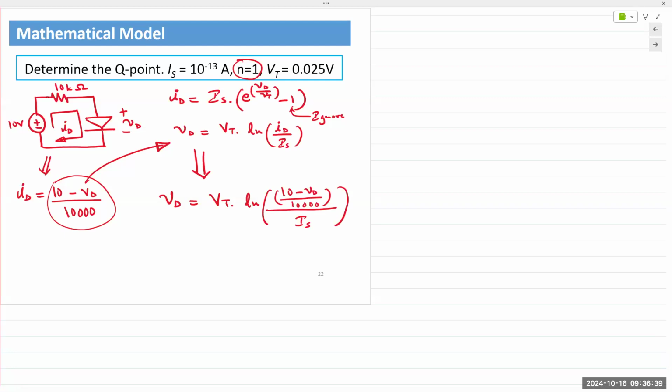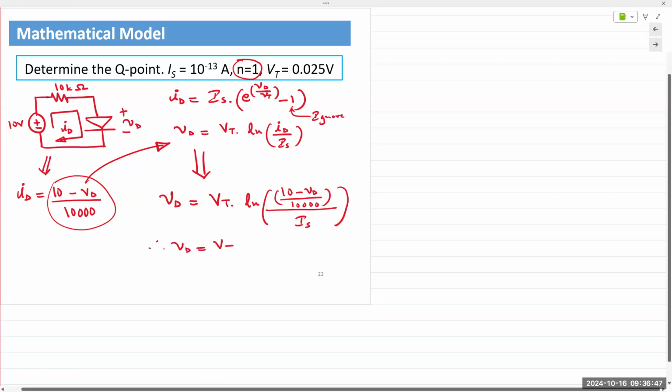Right. So now we have eliminated ID from there. The only thing we have is VD. Let's simplify it a little bit further. Okay. So that's where things stand.